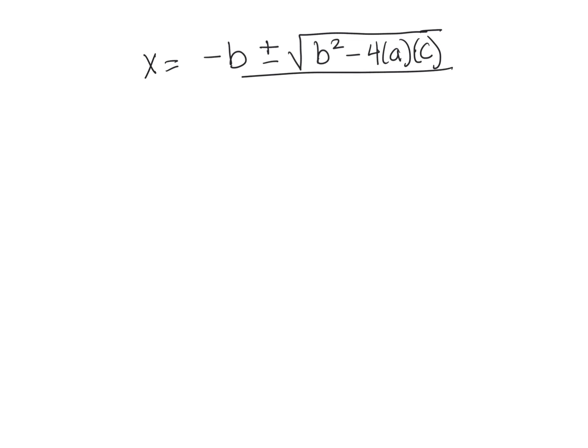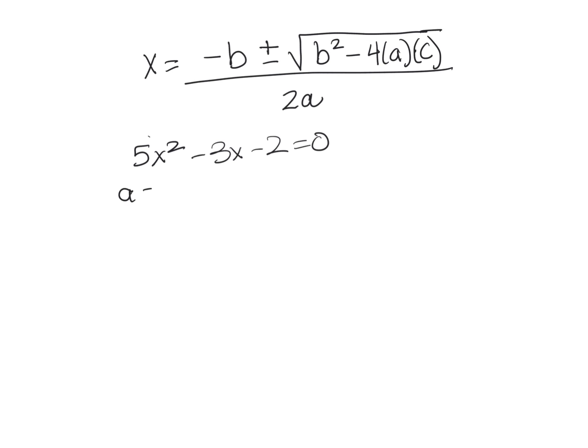And the final way that I can solve this is using the quadratic formula. The quadratic formula is x is equal to minus b plus or minus the square root of b squared minus 4 times a times c, all over 2a. Right? So in this case, I have 5x squared minus 3x minus 2 equals 0.